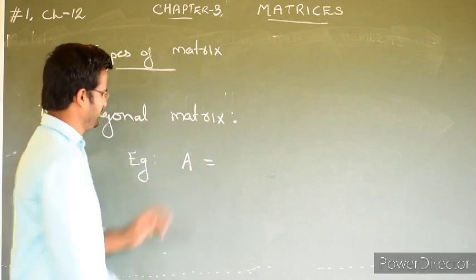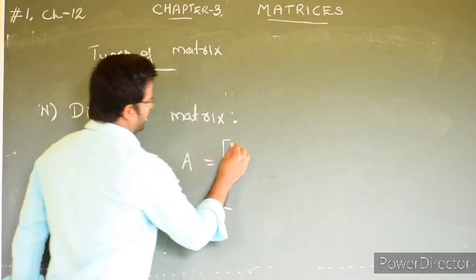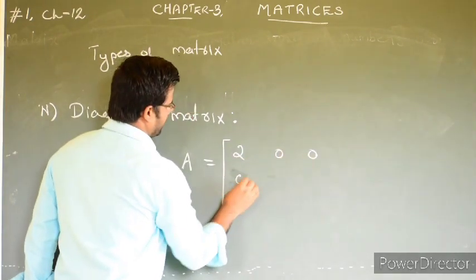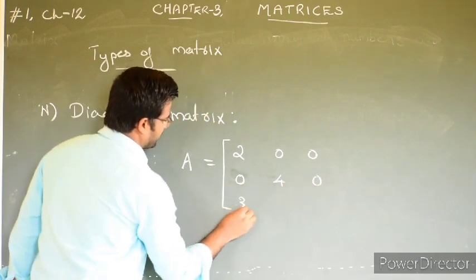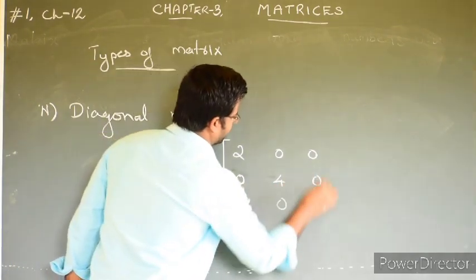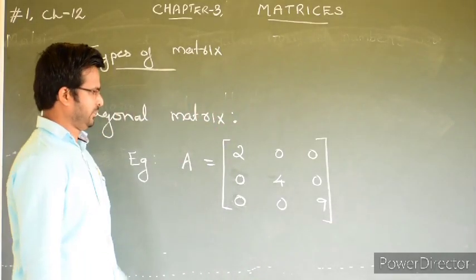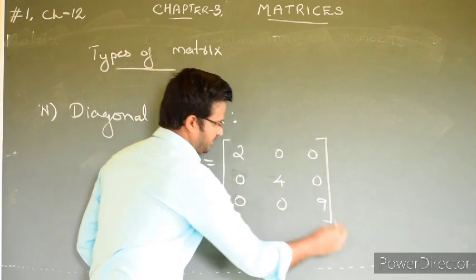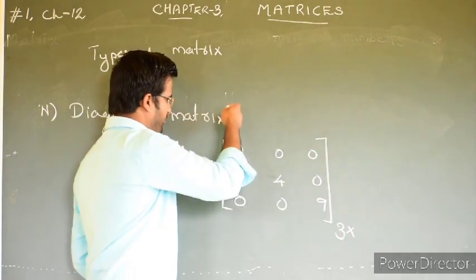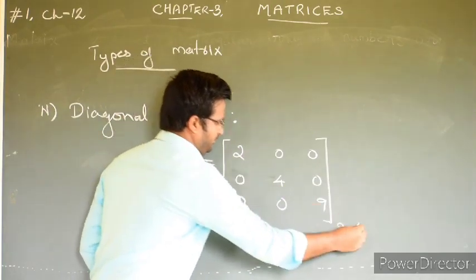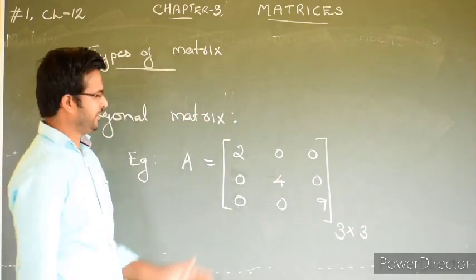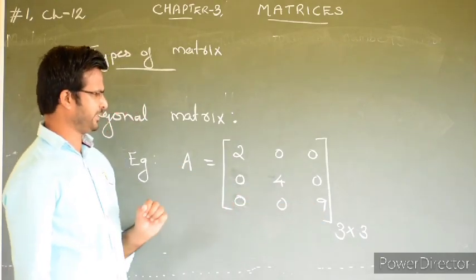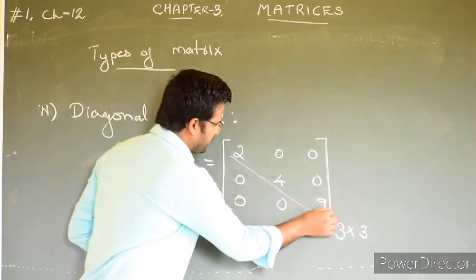Let's give one name, A. Then 2, 0, 0, 0, 4, 0. Look here, the number of rows is 1, 2, 3. 3 rows are there. Then the number of columns is 1, 2, 3. 3 columns. Then it is a square matrix, but one specialty is there.